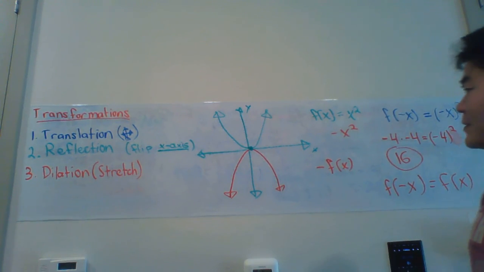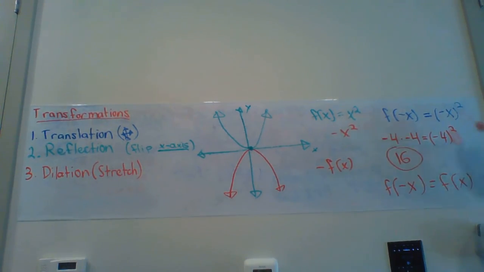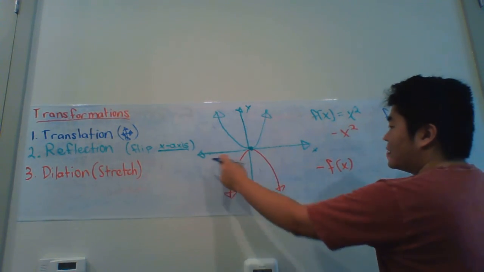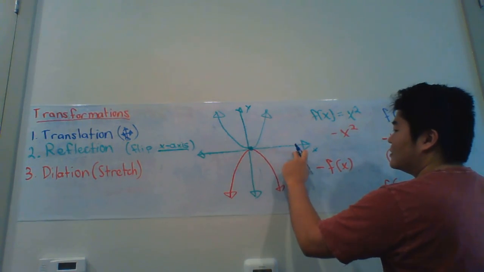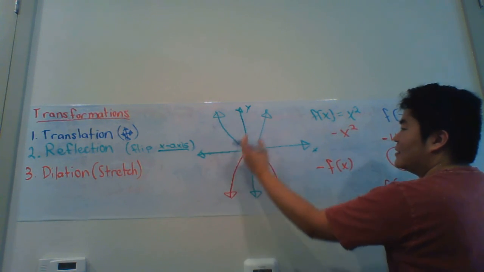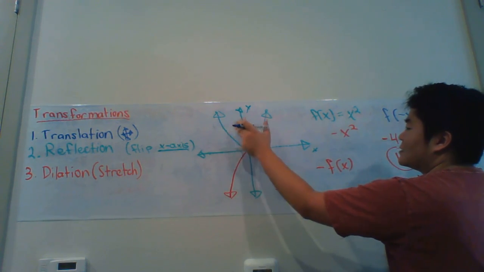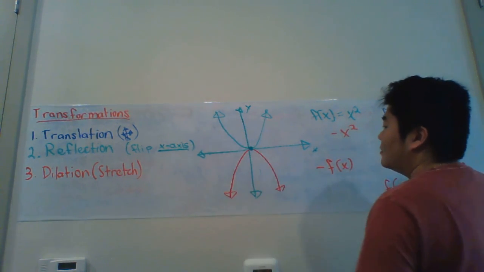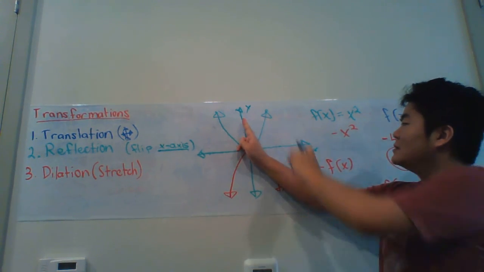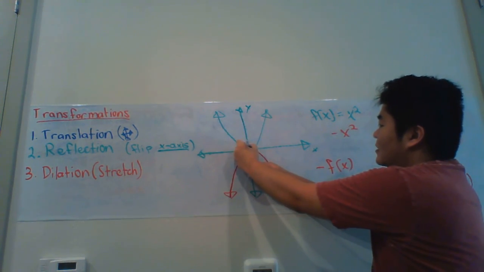But essentially, what happened with this one is that instead of flipping over the x-axis like we usually do, right? So you'll flip it down. This one, you're flipping over the y-axis. So you're flipping it the other way. If I flip this to this side, it's going to look like this.